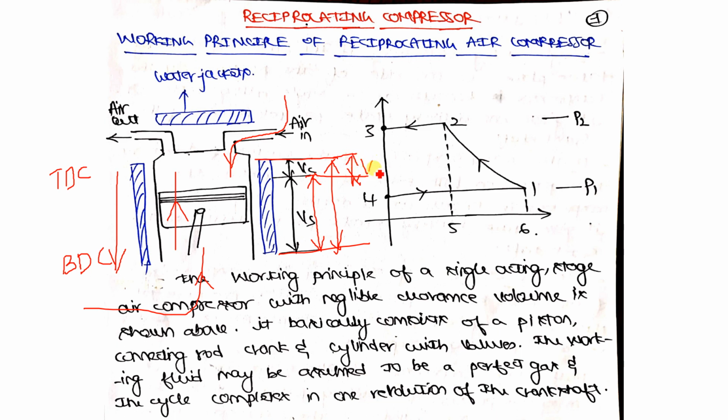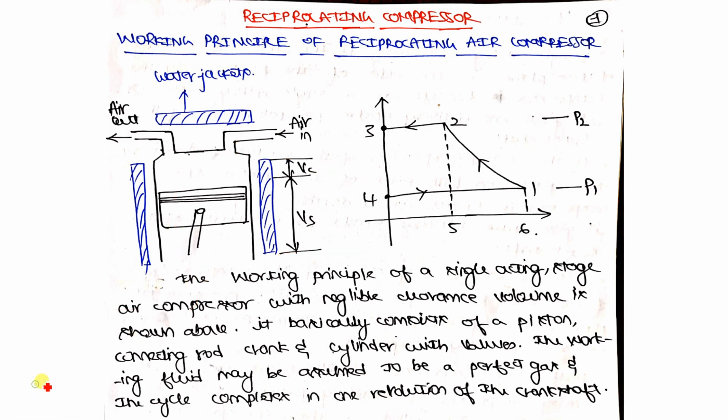The compression stroke happens from BDC to TDC. The main thing to remember is that you are giving the shaft power input, and because of it the air inside the piston cylinder gets compressed. That compressed air is then delivered out. This is how it works.